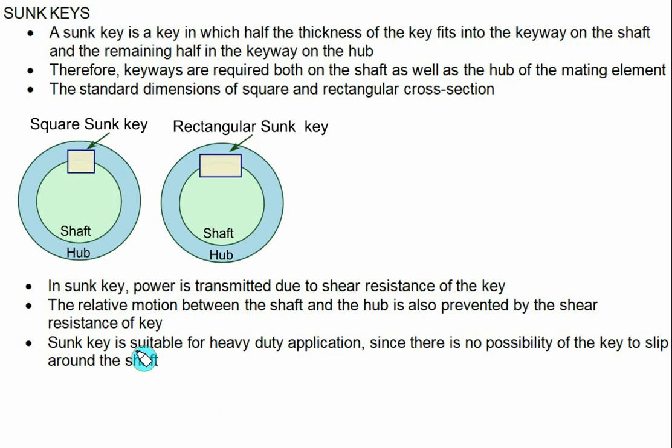This type of keys is suitable for heavy duty applications since there is no possibility of the key to slip around the shaft, because the keyway is made in the shaft as well as in the hub.